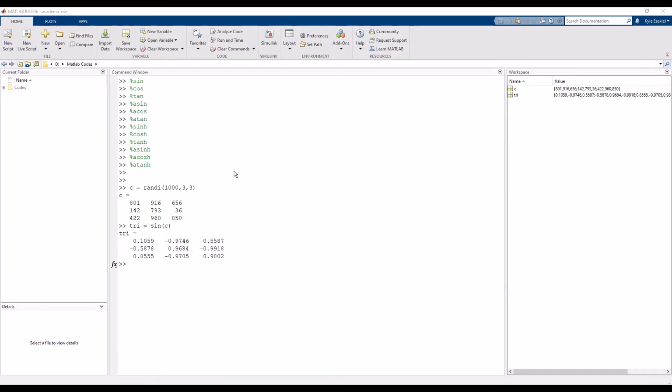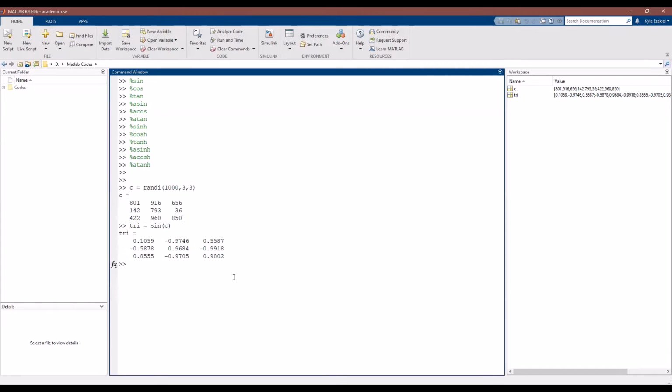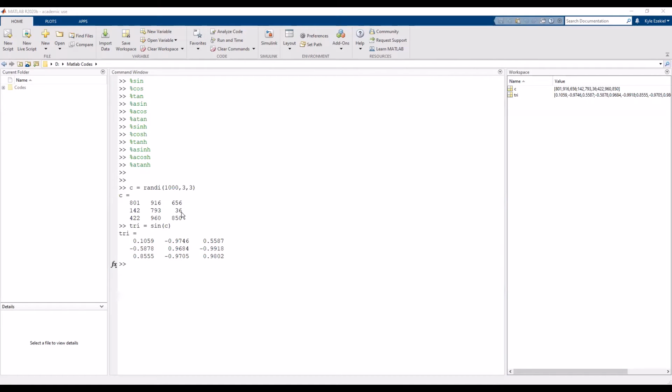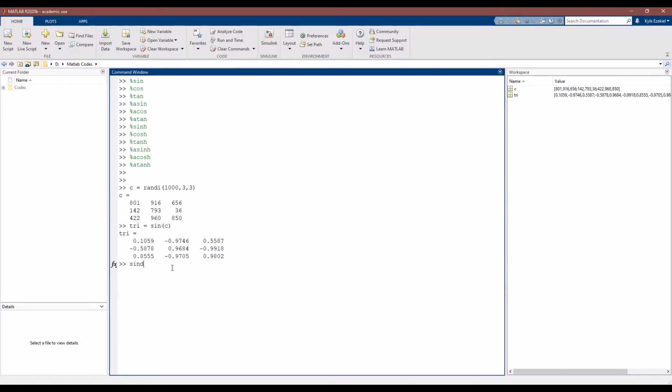Okay, so of course, if you want a special function for that, this is in radians, so how do we get the degrees? If you want to solve a trigonometric function in degrees, then just add d.